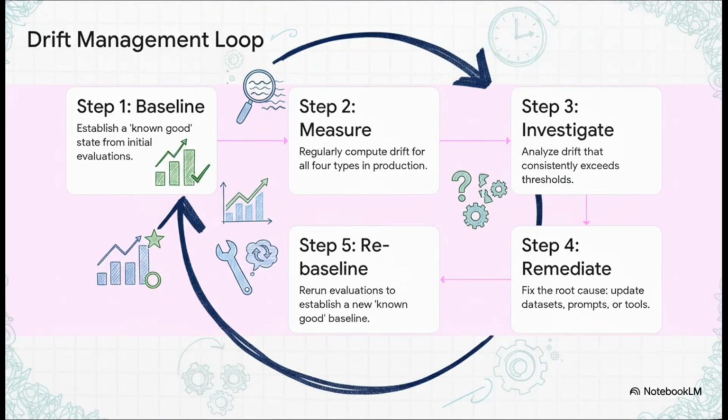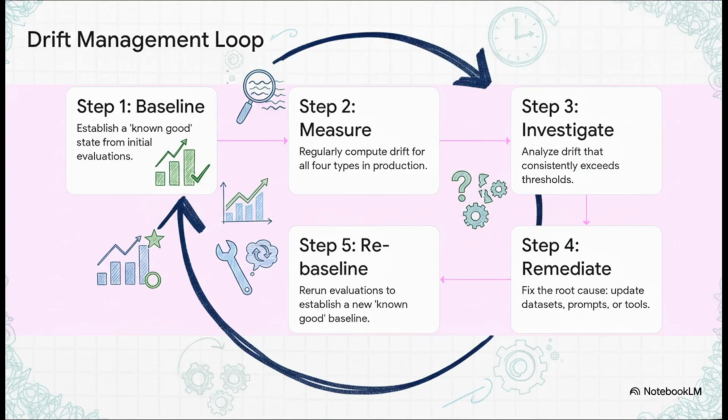It all starts with step one, where you establish your baseline. That's your agent's known good performance from your initial testing. Then step two is to constantly measure all four types of drift while it's live in production. As soon as a metric crosses a line you have set, you jump to step three and investigate what's going on.